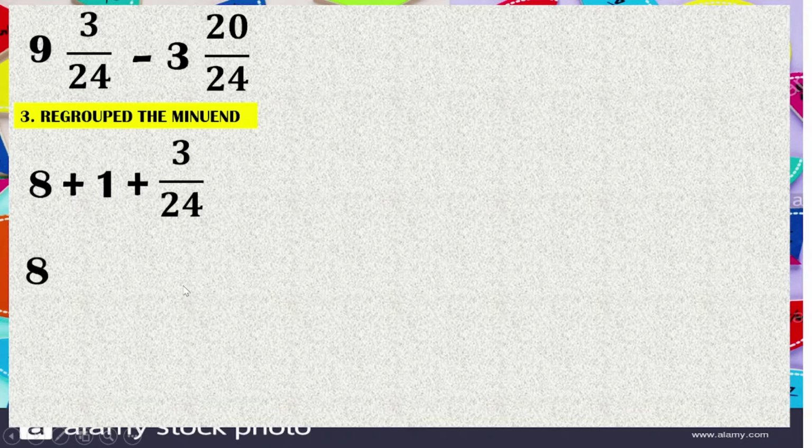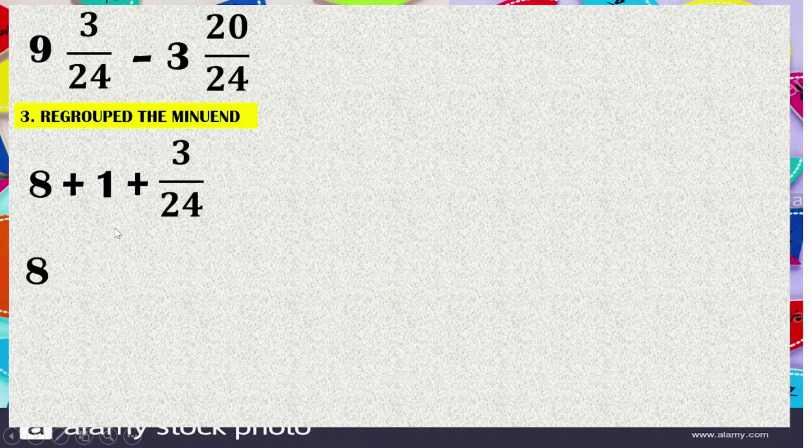So, bale, yan 8. Then, itong plus 1, itong 1, gagawin natin siyang fraction. Okay? Gagawin natin siyang fraction para pwede natin mai-add dito sa 3 over 24. Diba 1 is a whole number? So, kukunin or gagawa tayo ng fraction na ang sagot ay 1. Diba? Pag same ang numerator at denominator, ibig sabihin na 1 ang sagot. So, saan pa tayo pupunta?